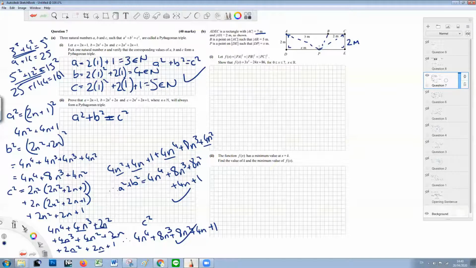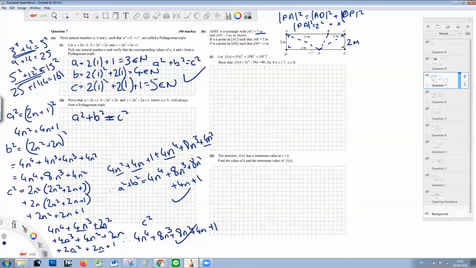So PA squared is going to be equal to AD squared plus DP squared, which is 2 squared plus x squared. So I know that the first one is PA squared is equal to this.